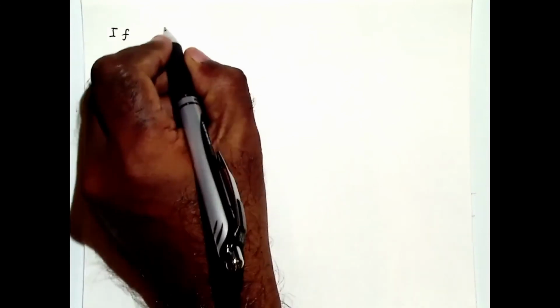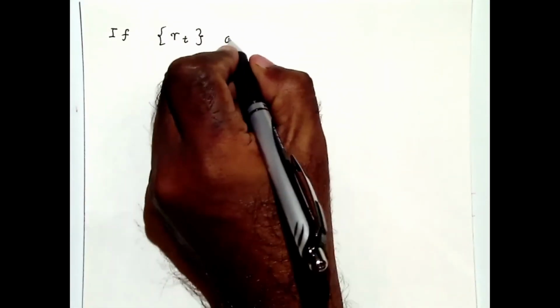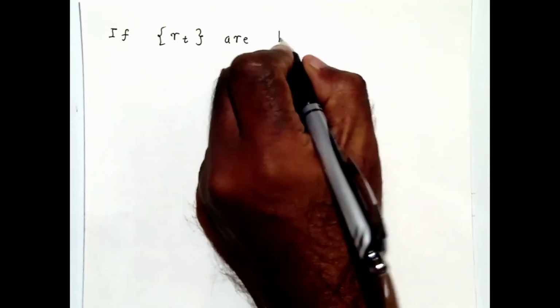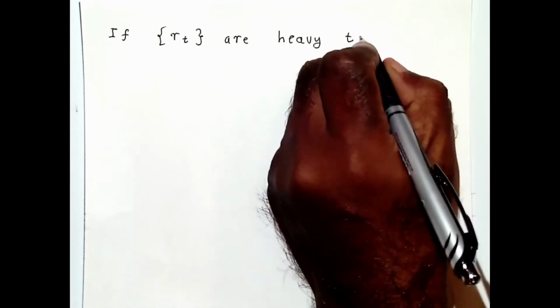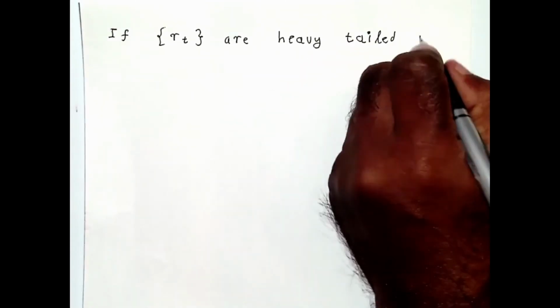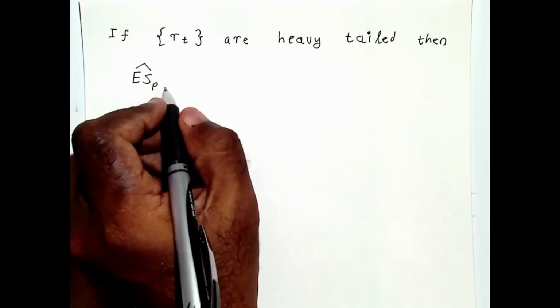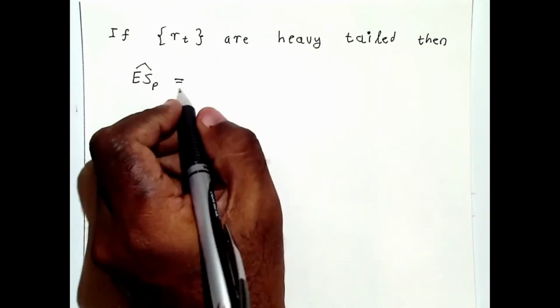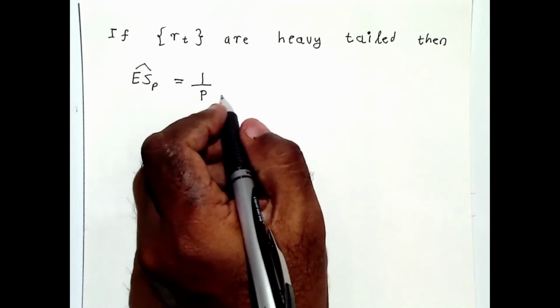So if the returns R_t are heavy-tailed, right, then the estimator for ES is given by the following expression. This is a big expression, so just bear with me.